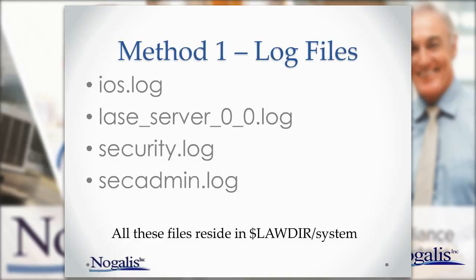I think the IOS and the LACE log files are probably the only ones that are really going to help you get to anything, but you never know, you might find some information otherwise too. These log files, as you probably already know, reside inside your LAW_SYSTEM folder on the server, and you should have access to those if you're going to be debugging security.